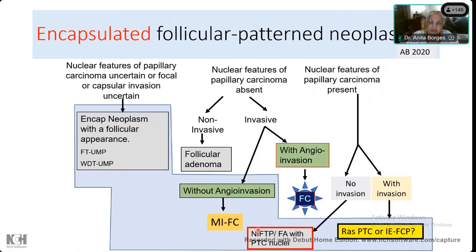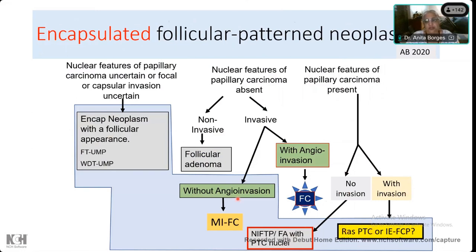Nowadays, NIFTP, or I would prefer to call it a follicular adenoma with papillary thyroid nuclei, because that's what I believe it is. If it has invasion, I would call it an invasive, encapsulated follicular carcinoma with papillary thyroid nuclei, because it has RAS mutations, okay?